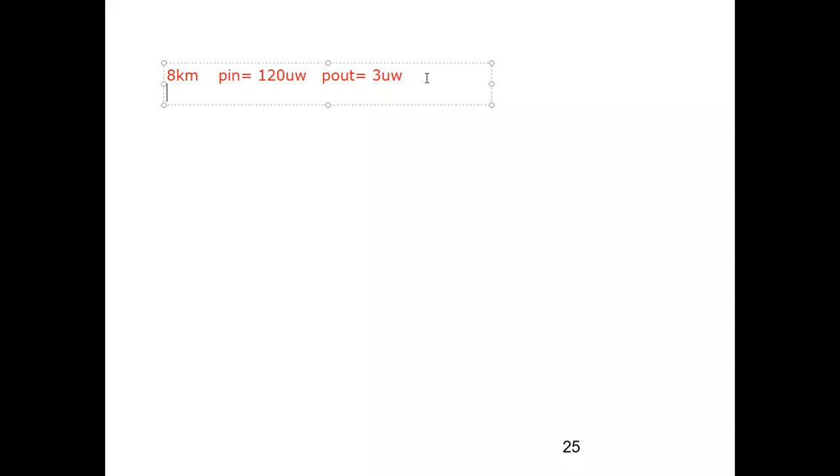Okay, so you have to just find out alpha because na connectors hai, na splice hai. So I just have the fiber cable. So you are just finding out alpha, which is 10 log 10 P in by P out.